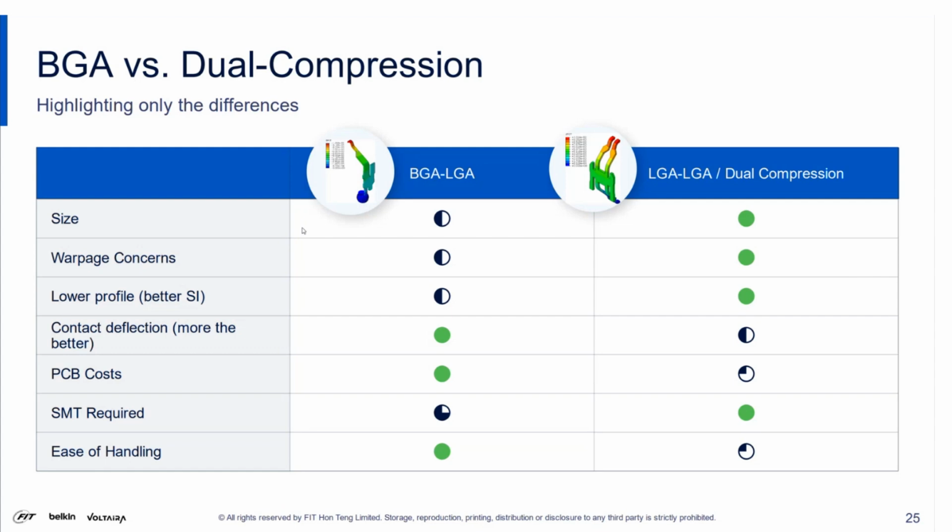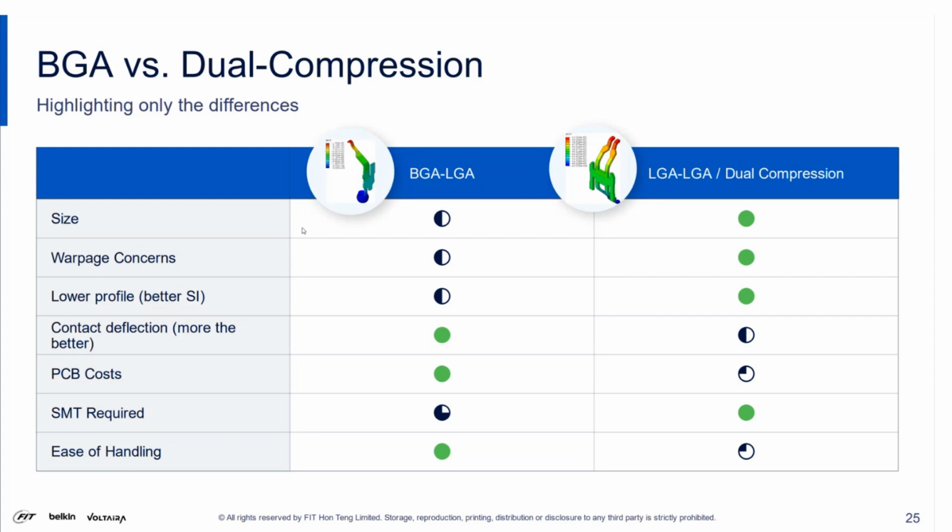The dual compression has a very short signal path, so it's actually ideal for higher speed signals as we get well above 56 gigahertz. Contact deflection: LGA to BGAs have better deflection if a customer so desires, whereas the dual compressions do not because of their shorter contact design length.